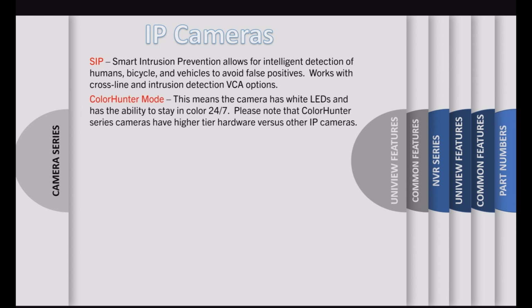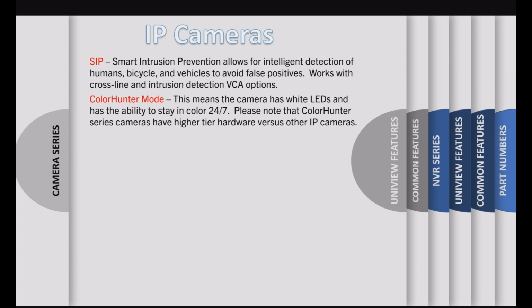So on the next one, I'm going to call it Color Hunter Mode, because there is a little bit of confusion between Color Hunter cameras and cameras that support Color Hunter. Color Hunter cameras actually have improved hardware over pretty much every other camera that we sell, allowing them to have the best low light capability in the 24/7 color modes.